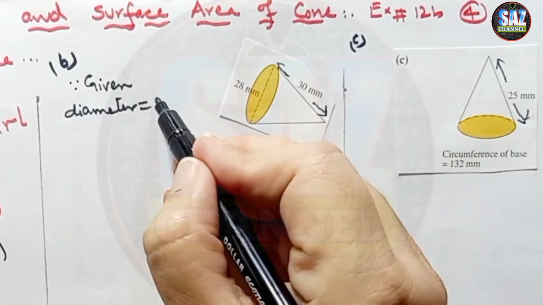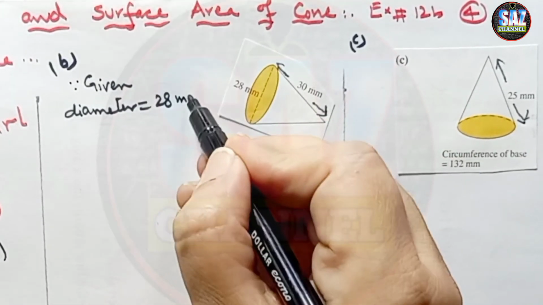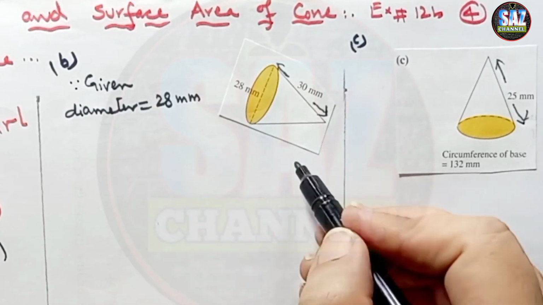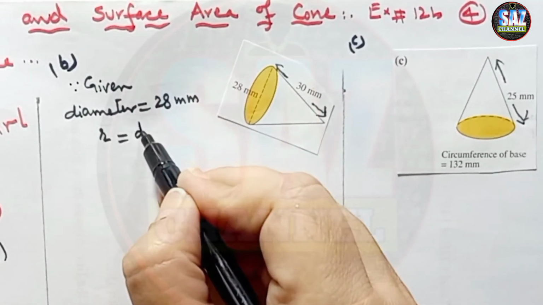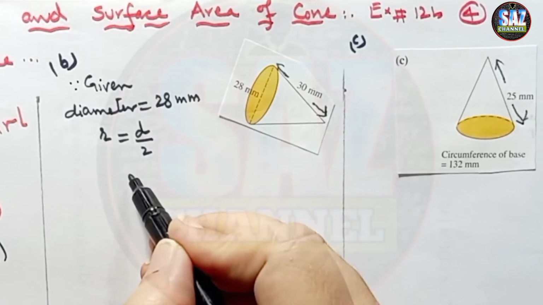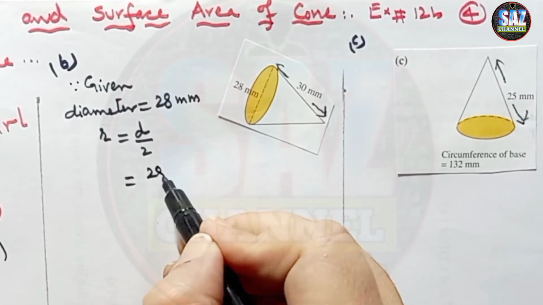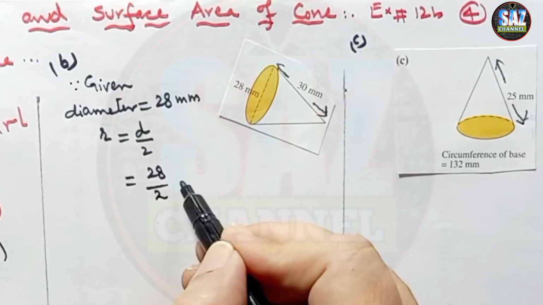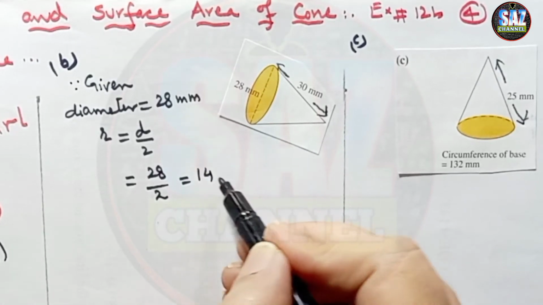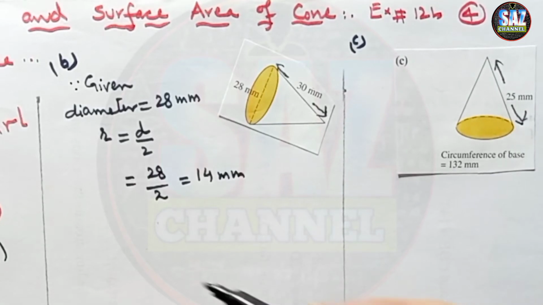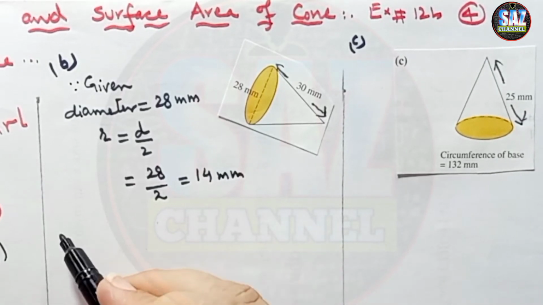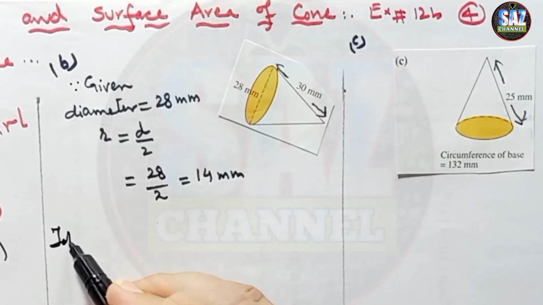28 mm, 28 millimeter. So radius is half of the diameter, so it will be 28 upon 2, which is equal to 14 mm. Really easy questions. We just have to focus on the formulas, and now we have to go for the calculation of total surface area.